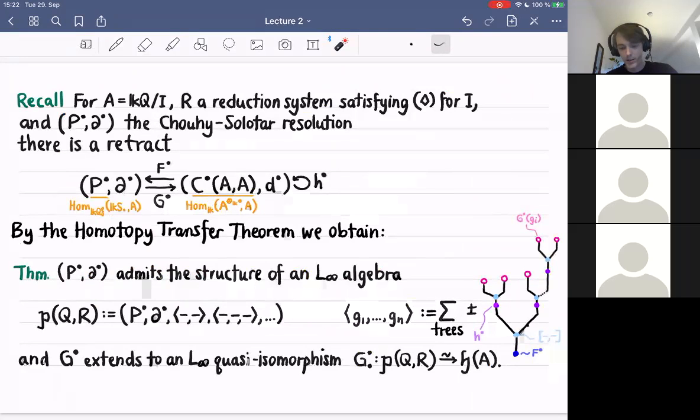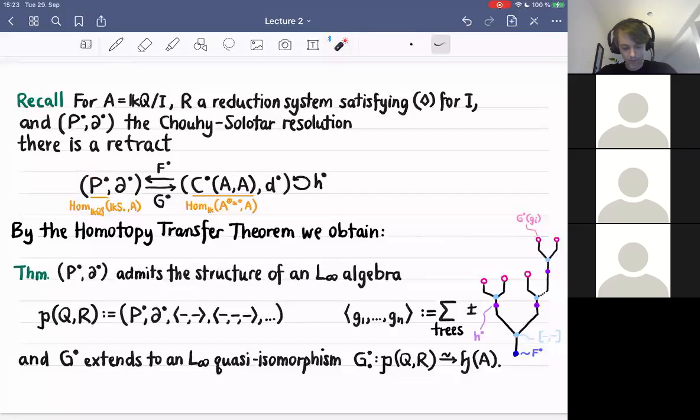If you have an associative algebra A, which you've written as KQ mod I, where Q is some quiver with relations, and you have a reduction system satisfying the diamond condition for this ideal, then we get this resolution P from Cibils and Solotar, and then there's a retract between P and the Hochschild cochain complex, or the reduced normalized Hochschild cochain complex.